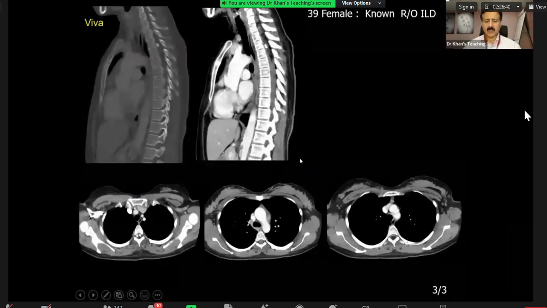Now, because you are seeing spine here, because we are covering the spinal canal, it becomes a very easy case, what I am showing you right now. But beware, suppose it was a CT of the chest. Do you see something in the spinal canal?